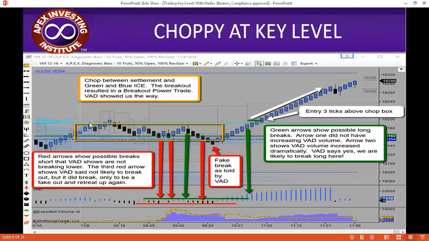Okay? Everybody, does that quick little strategy make sense there? And can everybody see how powerful it is to be able to identify these levels, for one, identify the chop area, but also to really identify the accumulated volume, right? It's extremely powerful, okay?